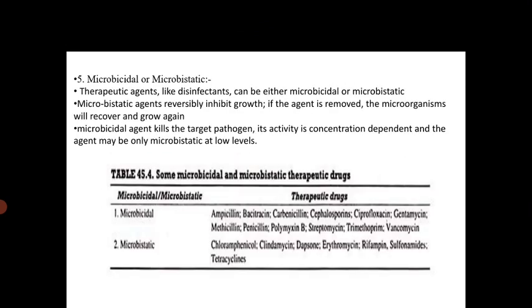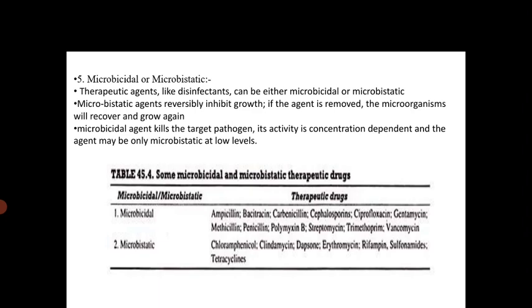Okay. Next, fifth parameter is microbicidal or microbistatic. Now therapeutic agents like disinfectants can either be microbicidal or microbistatic. Microbistatic agents, they reversibly inhibit growth. If the agent is removed, the microorganism will recover and grow again.